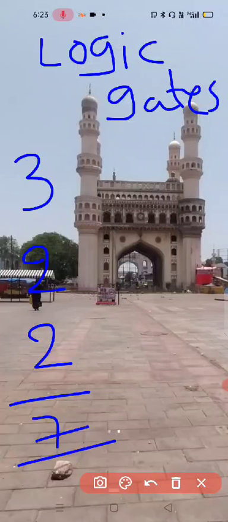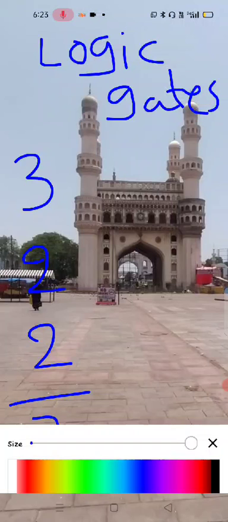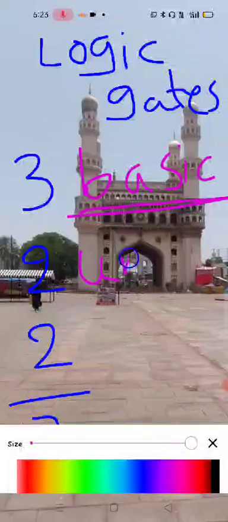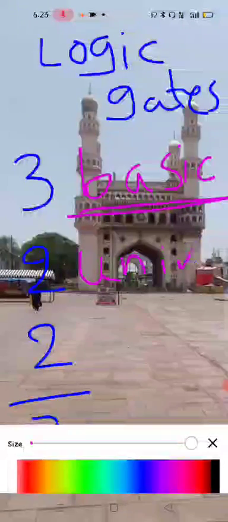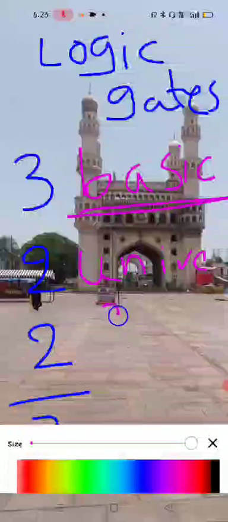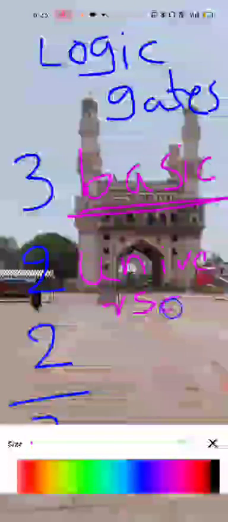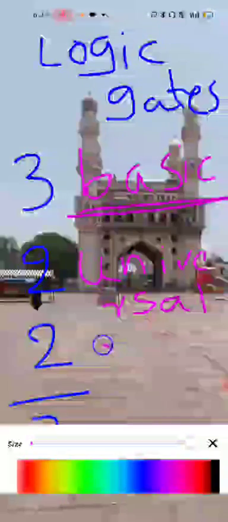In that, 3 are basic gates. With the help of these basic gates, we have another 2 gates, those are universal gates. And next we have 2 special gates.